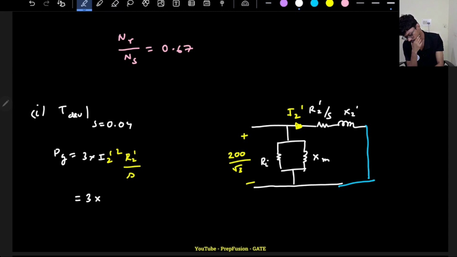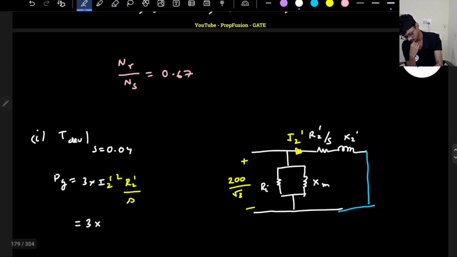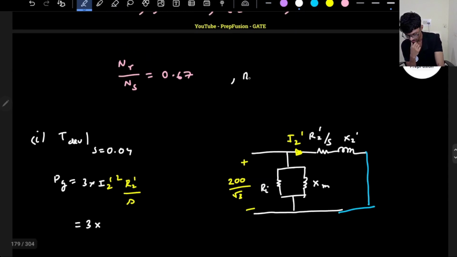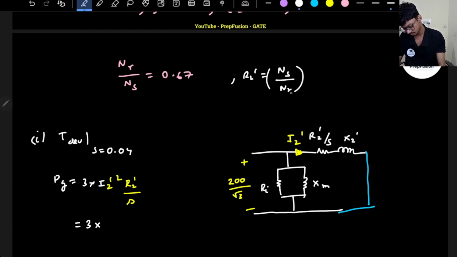So for that I have to write down R2 dash and so on. So what is R2 dash? R2 dash will be the rotor resistance referred to the stator side. So it is basically Ns divided by Nr whole square into the rotor resistance in the rotor side, R2.